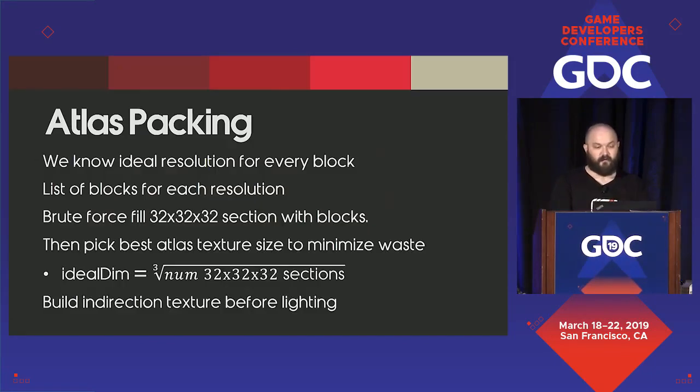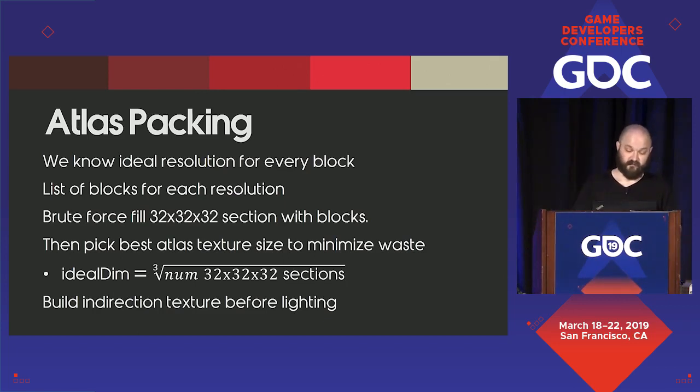Okay, so now we know for every indirection texel or voxel what the resolution requirements are. So we need some way of packing it. And with more time, I probably would have found an existing technique that's much better than what I did. But in a nutshell, it's essentially brute force. We brute force allocate 32 cubed blocks, or sections, not to confuse my terminology here, with these blocks.